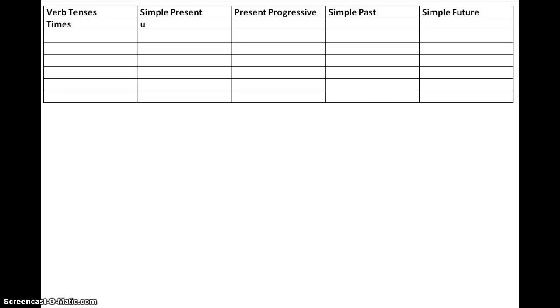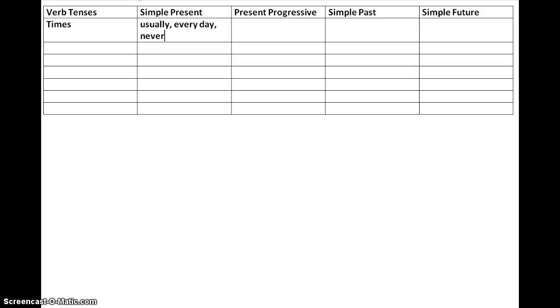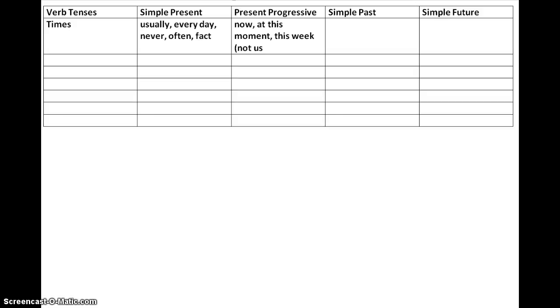Simple present would be usually, every day, never, often, and just fact. Present progressive is now, right now, at this moment. We can say this week, this month, but only if it means not usually.